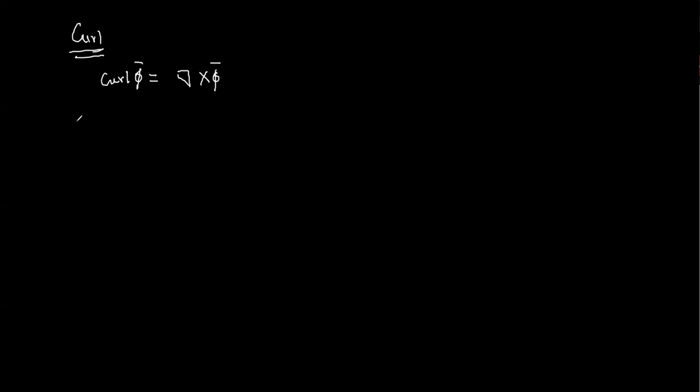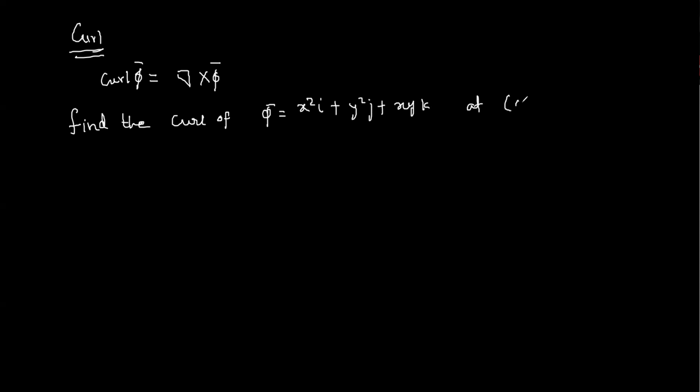For example, if I ask you, find the curl of vector phi, x square i, y square j, xy k, at 0, 1, 2. So you are going to find what?